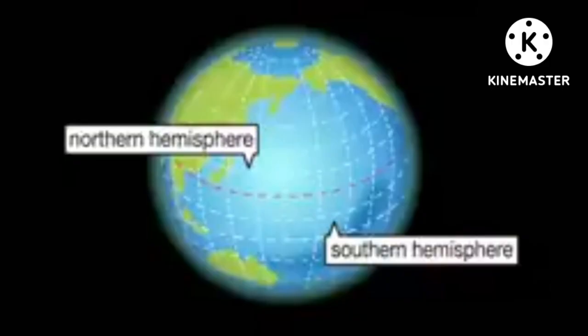The half of the Earth to the east of the prime meridian is called the eastern hemisphere. Everything to the west of the prime meridian is called the western hemisphere. The lines east of the prime meridian are called degrees east, and the lines west of the prime meridian are called degrees west.